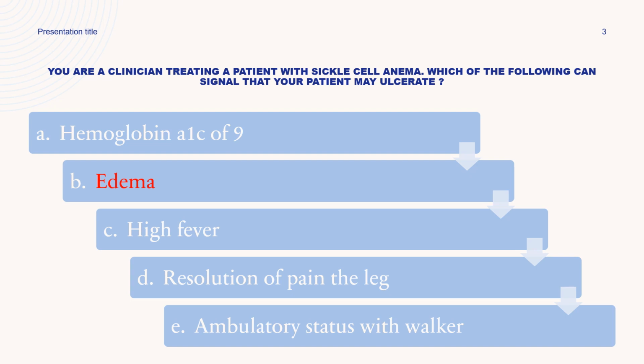Now, the restoration of their ambulatory status is actually a good thing for them. Once the pain and the fever and whatnot go down, their ambulatory status is actually restored.